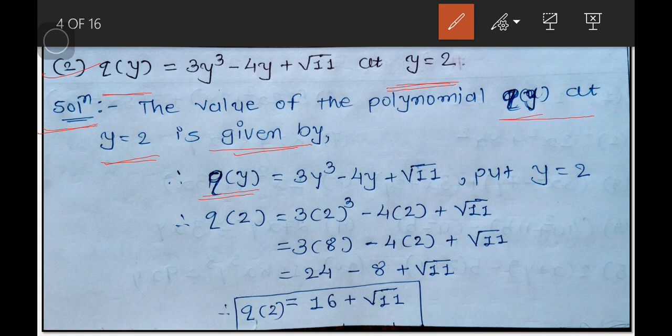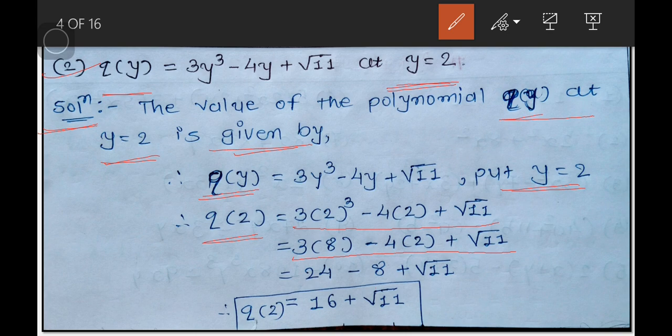Now here we put y is equal to 2 in q of y. So we get q of 2 is equal to 3 into 2 raised to cube minus 4 into 2 plus root 11. So 3 into 8 minus 4 into 2 plus root 11 is equal to 3 into 8, which is 24, minus 4 into 2, which is 8, and plus root 11.